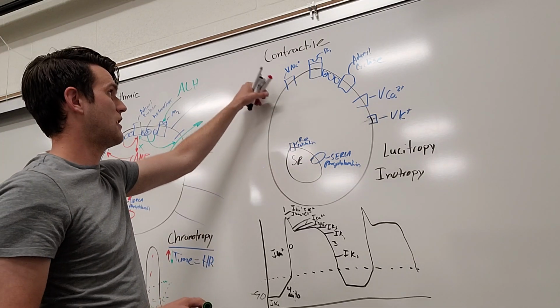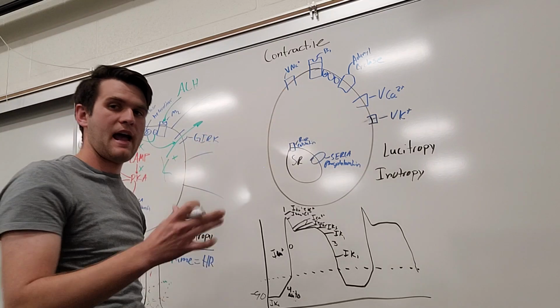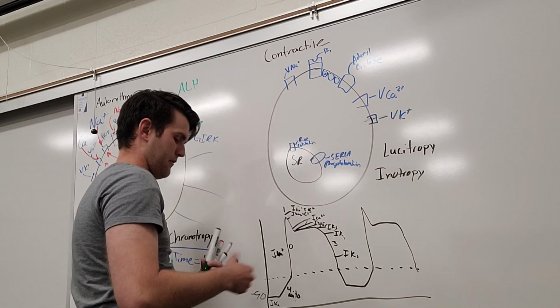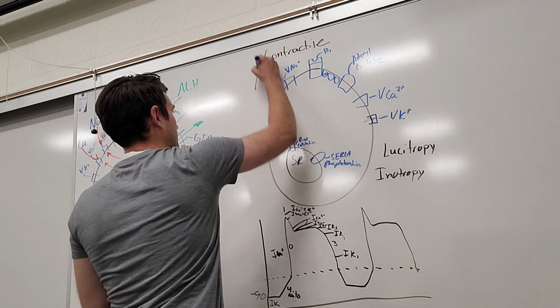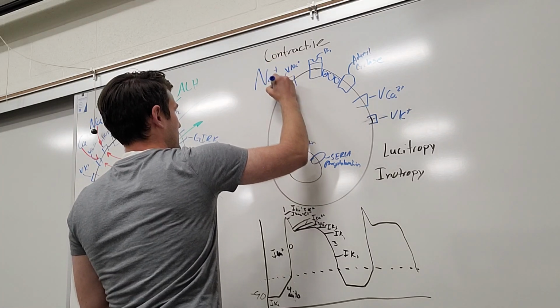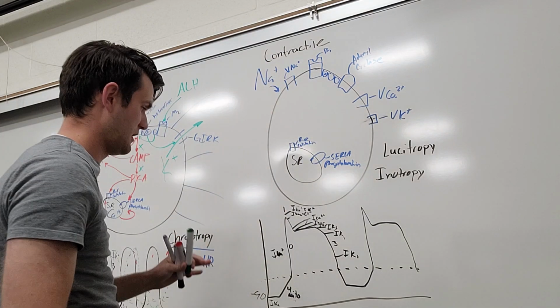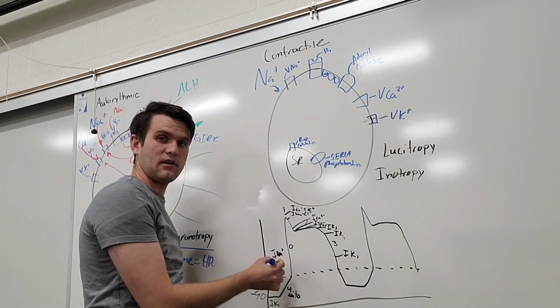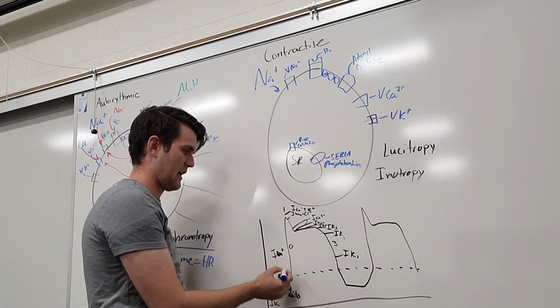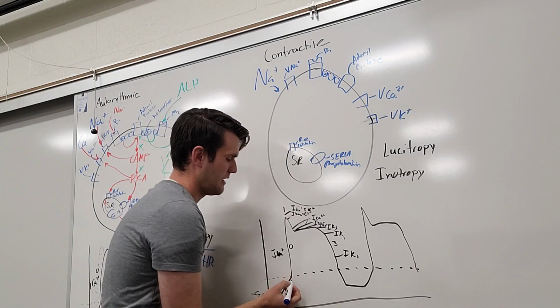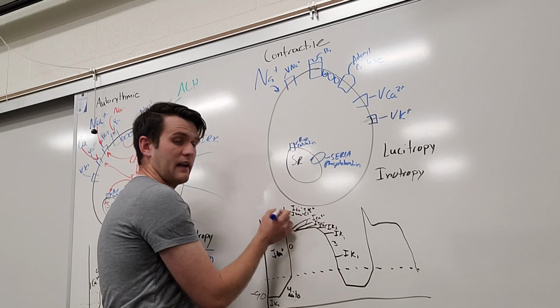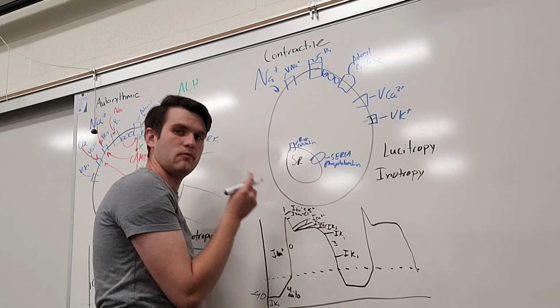Okay, so an action potential comes, hits these sodium channels, activates them. Sodium rushes in, so now our phase 0 is running off a sodium current, and it's going to depolarize super quick. Then right at phase 1, this is called rapid repolarization.